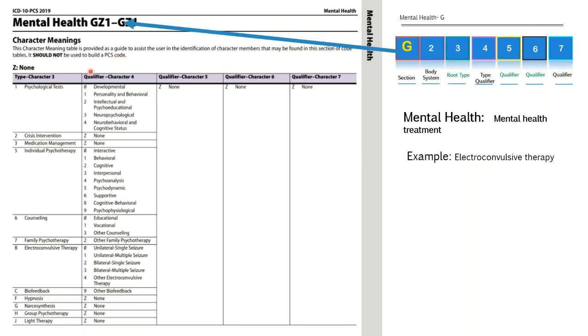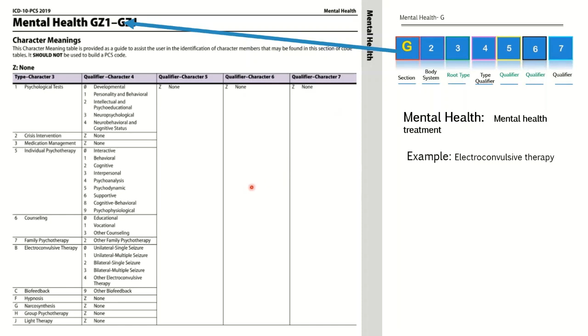And then your fourth character, your qualifier, they correspond to your root type. I'm not going to read all these. You're not going to remember it, but they do correspond to your root type. And then your fifth character, none, sixth, none, and seventh, none.